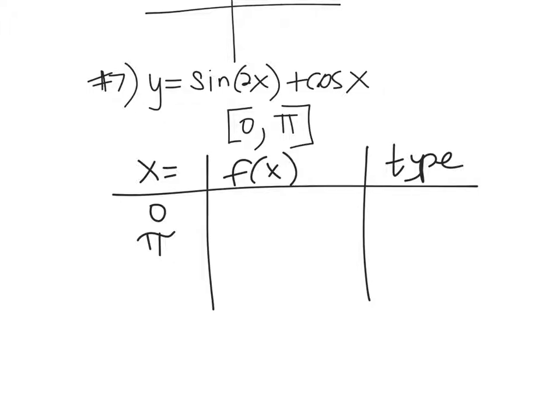Then you can hit trace, and you can actually plug in x equals 0, and you get 1. Plug in x is pi, and you get -1. Are there any things in there that are maximums or minimums? Yeah. And if you were actually to take the derivative and set it equal to 0, you could find those points, but we can find them with calc max, calc min, right?